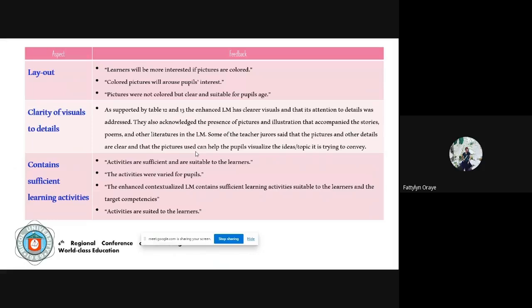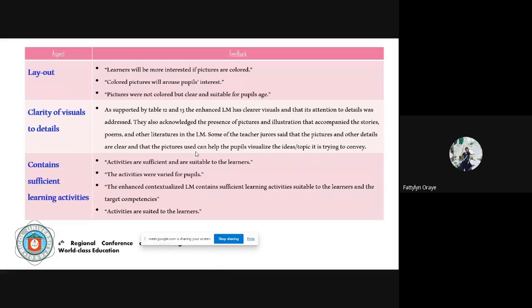Some teacher jurors said that the pictures and other details are clear and that the pictures used can help the pupils visualize the ideas and topics it is trying to convey, since grade 2 pupils or the primary pupils are very visual learners.